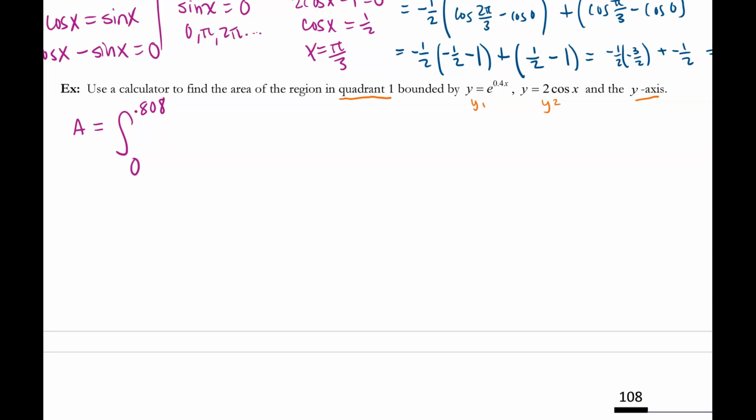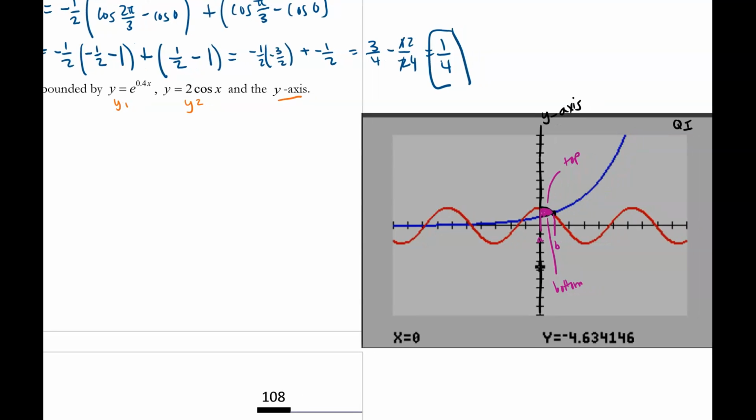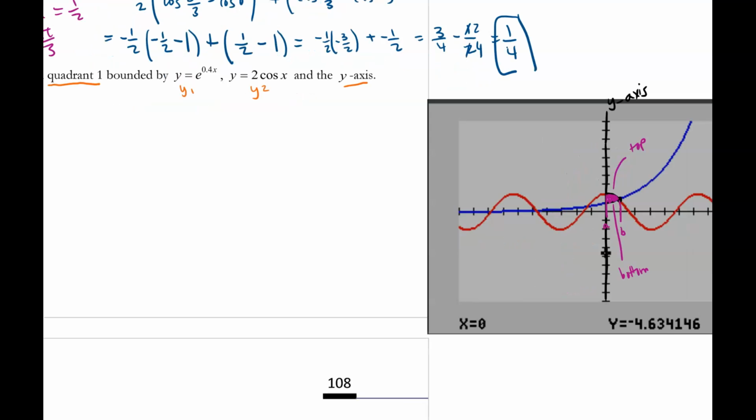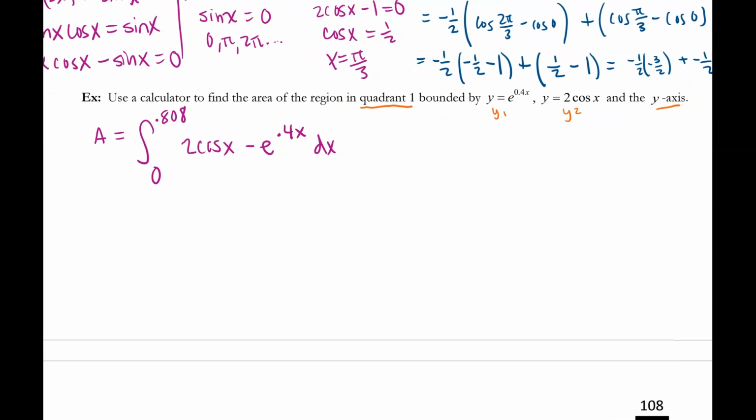And we said that, for that particular region, the top curve is the cosine curve. So 2 cosine of x. The bottom is e to the 4/10 x power. Now, we're not going to do this one by hand.